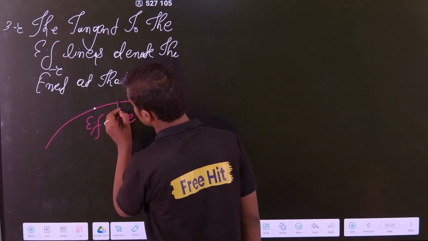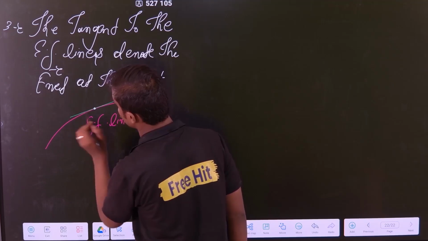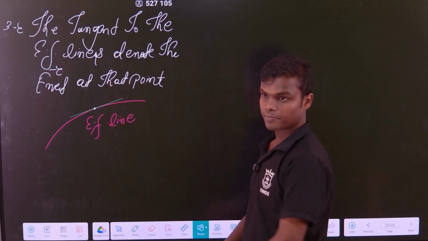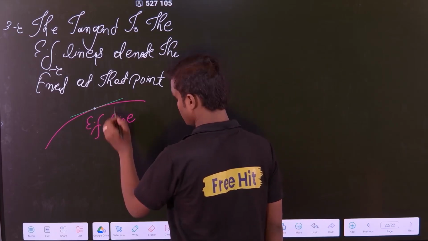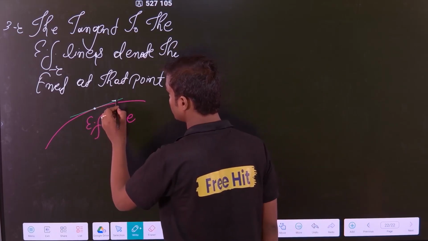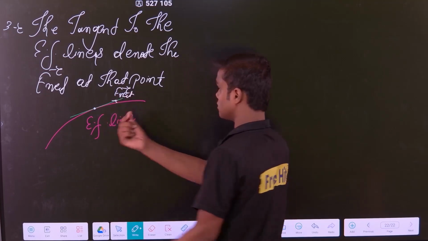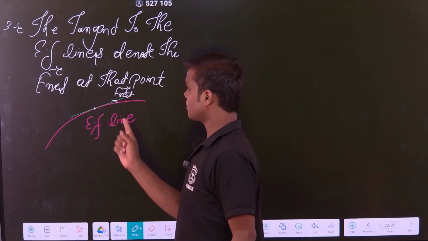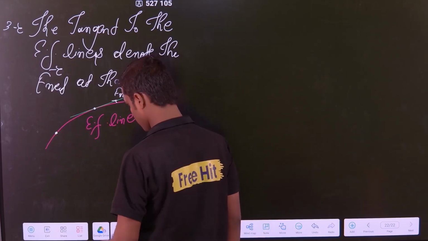So this is the tangent at this point. And what does it mean? It means that the net electric field will be in this direction. This is my E net, and it will be in this direction at this point. Similarly, suppose I want to find it at this point. So what I have to do?